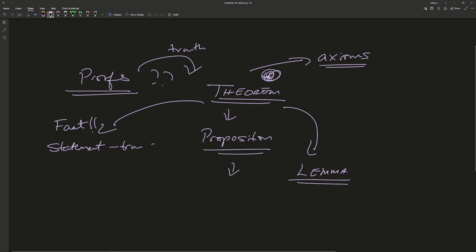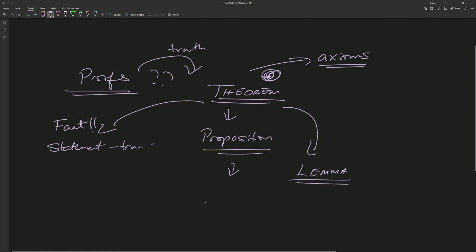Complicated proofs are really easier to understand when we have a series of lemmas, which are true statements to prove this. So the lemmas back up the theorem, and this is why lemmas are very important. We can prove theorems using a series of different lemmas.